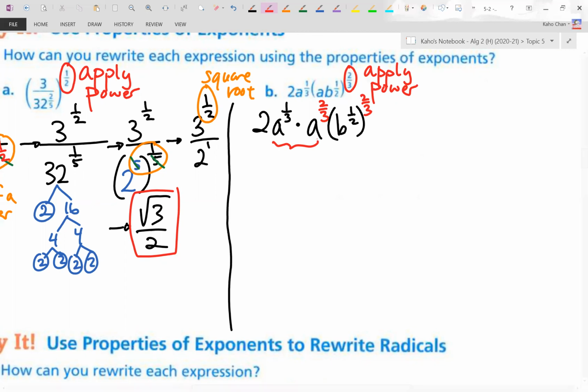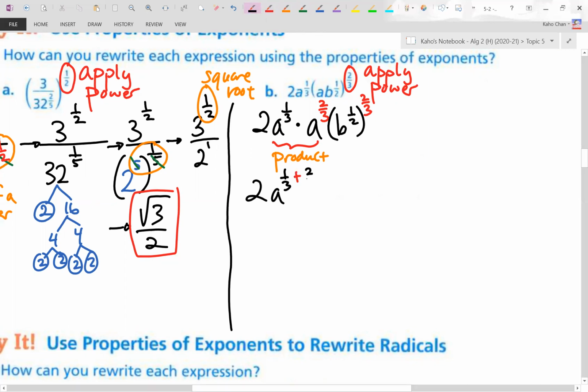The rule for product of powers is to add the exponents, right? So this is going to be 2a to the 1/3 plus 2/3. And over here on the back end, we have a power of a power. And the rule here is to multiply those powers. Notice the 2's go away right there. Isn't that cool? So this is b to the 1/3.